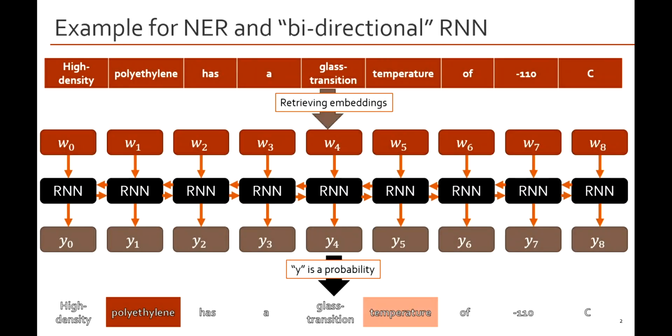If we think about it for NER, just to complete the circuit here, we can imagine I take my sentence that I described earlier, high density polyethylene has a glass transition temperature of -110 C. I first take each of those words and I transcode them to an embedding, which here I'm defining as W. I then pass them to an RNN, and here the cartoon that I'm showing is actually a bi-directional RNN, where instead of producing one history object that moves forward through the sequence, I produce a second one that moves back.